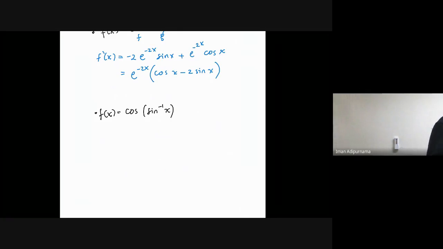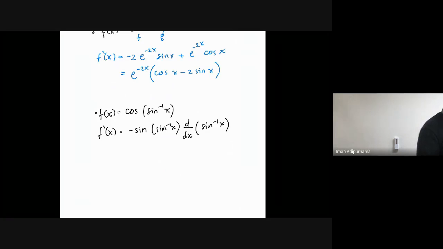I think this one also should not be that difficult. So if you want to derive, it will be negative sine inverse x, and then you need to multiply with the inside derivative, which is sine inverse x.